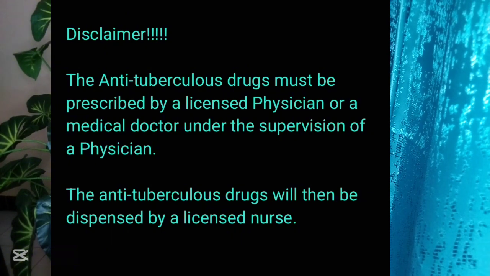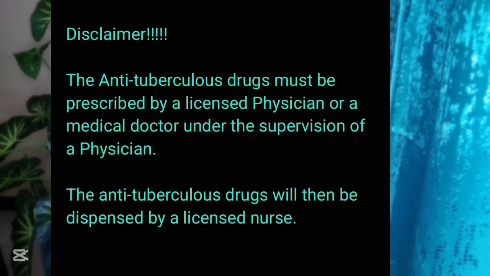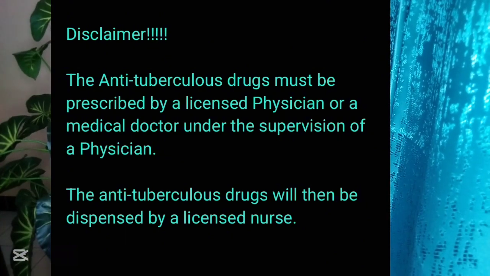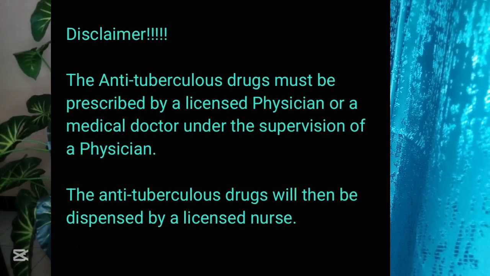The extensively drug-resistant tuberculosis is usually treated with a combination of at least 3 drugs. That is a combination of linezolid plus bedaquiline plus pretomanid. Another option is bedaquiline plus linezolid plus moxifloxacin.